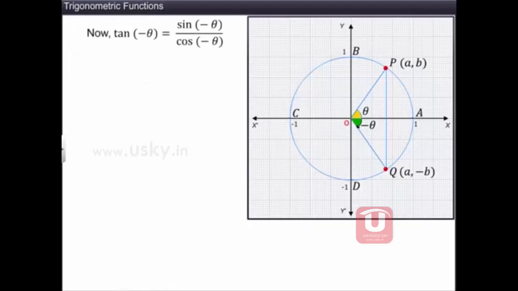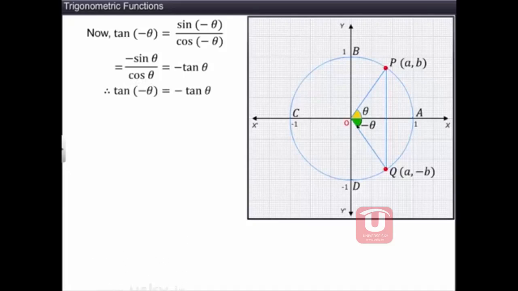Now, tan of minus theta is equal to sine of minus theta divided by cos of minus theta, and sine of minus theta is equal to minus sine theta, and cos of minus theta is equal to cos theta.